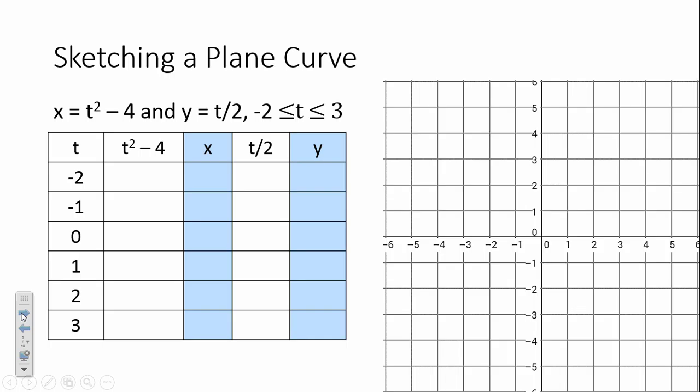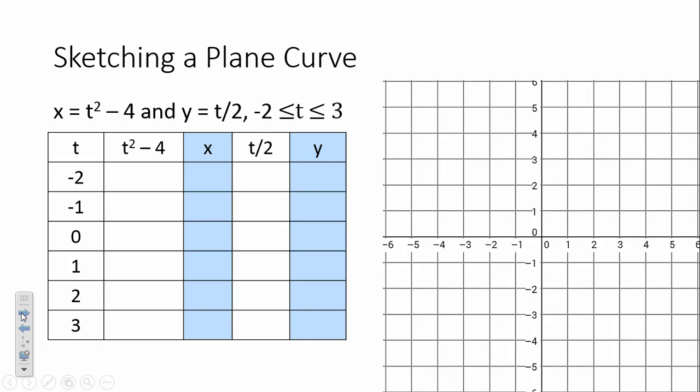All you do is you make a table of values, and then you plot it using only the x and y. And then we denote our direction.